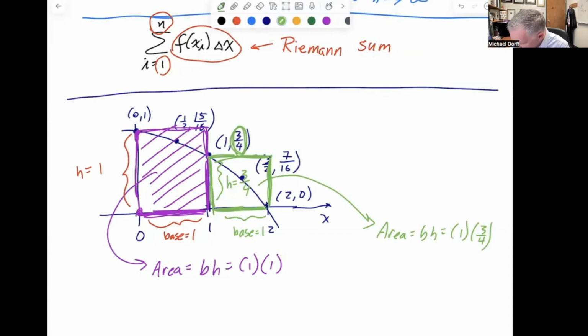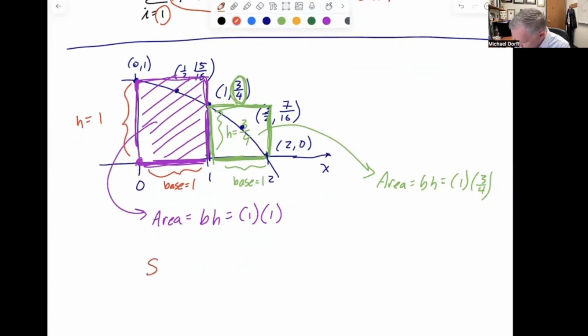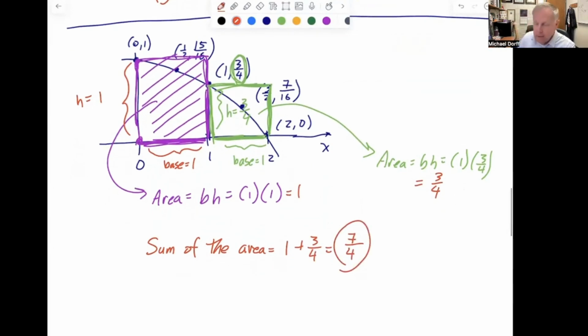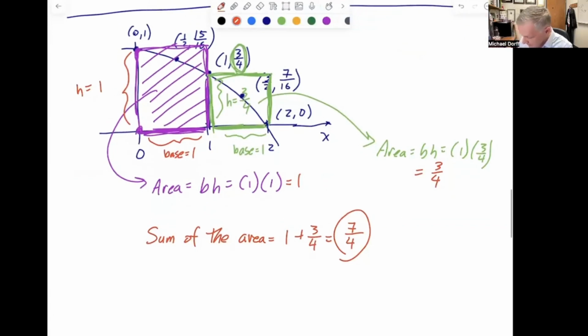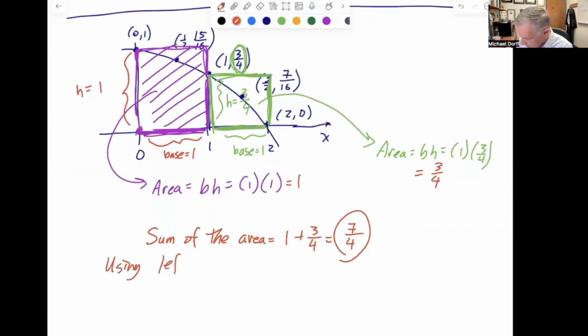So the total area, the sum of the areas, is going to equal 1 plus 3/4, which I can write as 7/4. That's using the left endpoints.